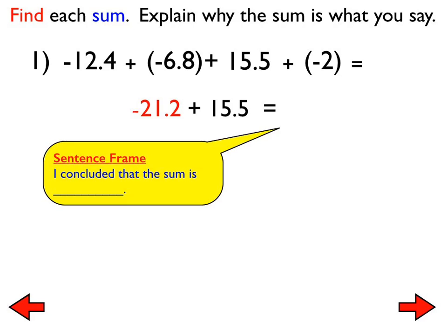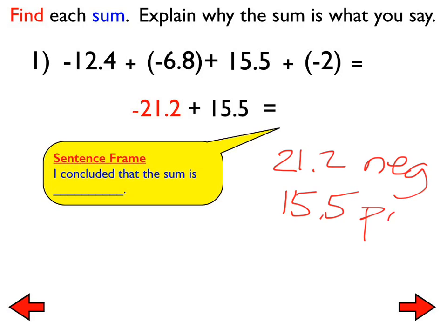All right, with what we have here, do we have more positives or more negatives? More negatives. And that's the number that we should always write down first. So we have 21.2, and we don't have our chart anymore, but I'm going to still do this kind of problem the same way. We have 21.2 negatives and 15.5 positives.